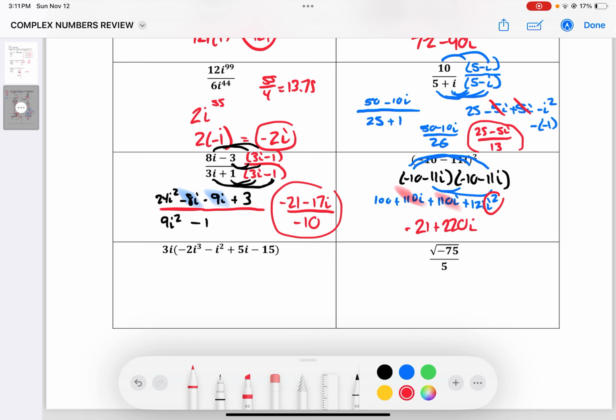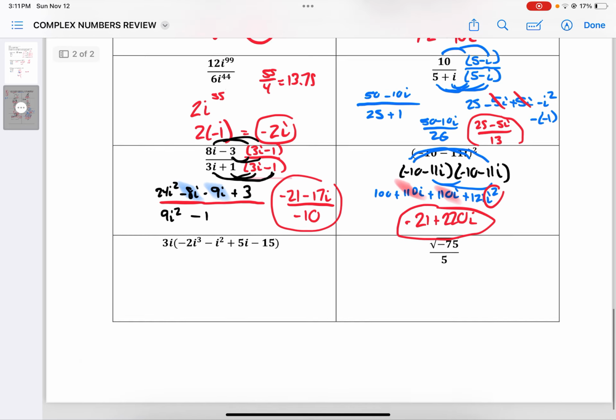I hate making mistakes on the videos, so I just want to confirm that what I did was correct. Positive 100. Yep, everything looks good here. Yes, we are all good. Negative 21 plus 220i.